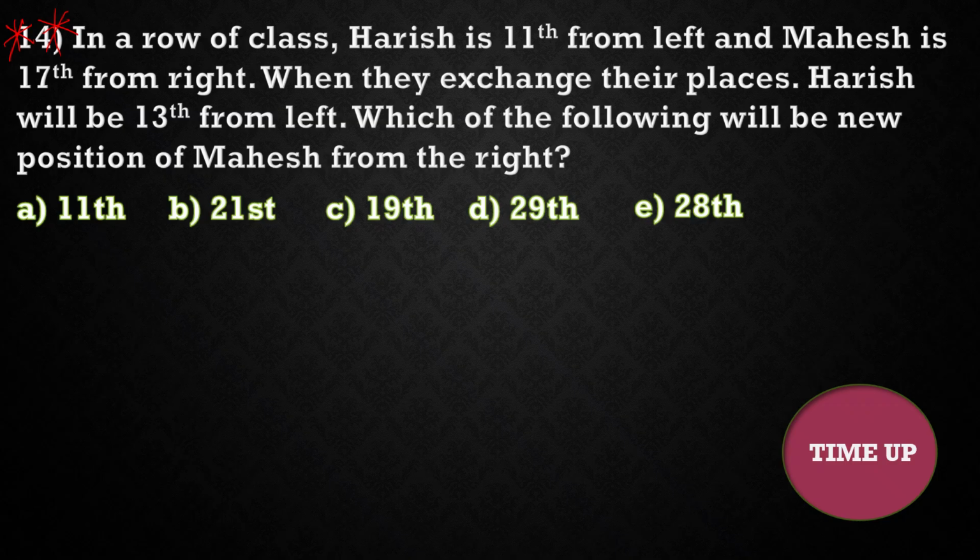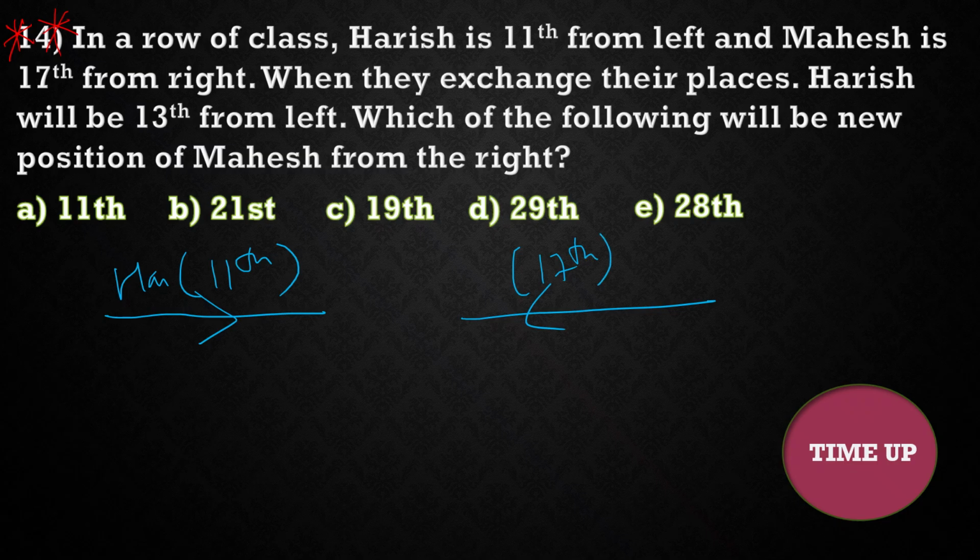In a row of class, Harish is 11th from the left. Mahesh is 17th from the right. This is Mahesh. When they exchange their places, Harish will be 13th from the left. When they interchange their positions, Mahesh will be here, Harish will be here.